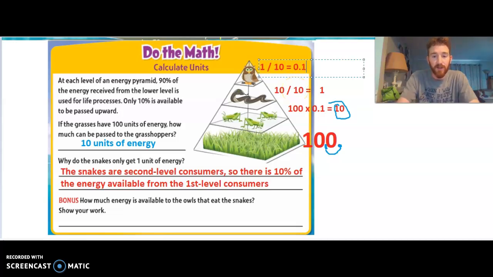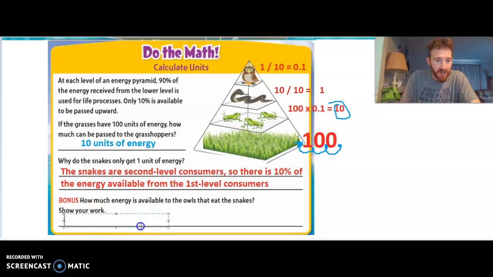That's going to be 0 and 1/10, okay? Again, we would move a decimal; now it's basically like we're doing 3 decimal places as we go through that. So we're going to go from 1, and then here would be 2 for the second level consumers to the snake. And then as we go over to what's available for the owl, there's only 1/10 of the energy available from what starts.